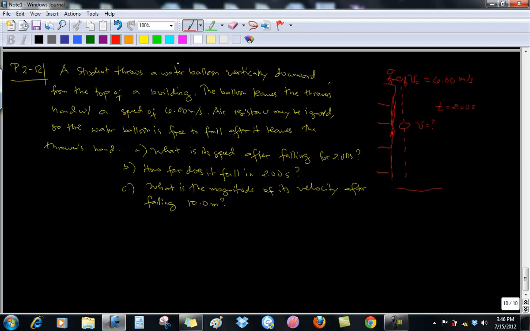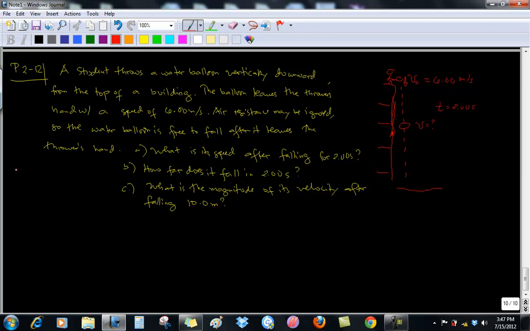Well, as I have already explained in the previous problem, I only memorize equations for constant acceleration problems. Free falling means the only force acting on your object is gravity, and that will cause the object to accelerate downward with a magnitude of 9.8 meters per second squared. So, I memorized only these 3 equations.